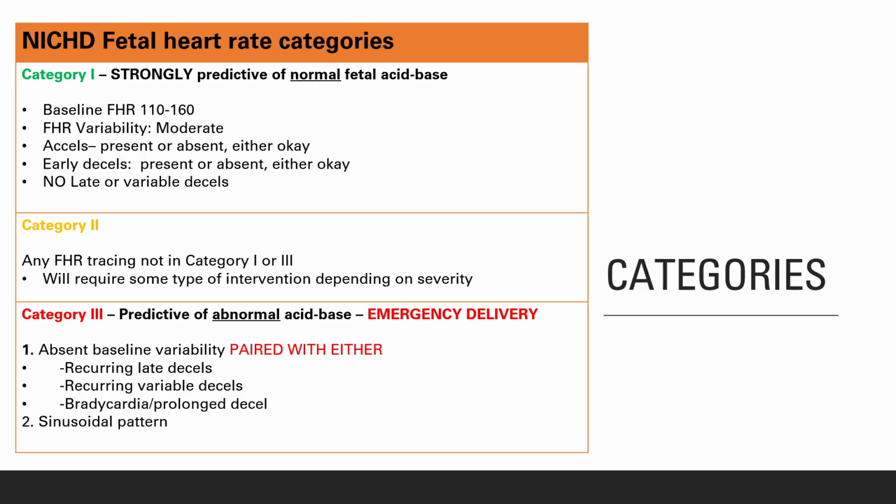So if the baby's having recurrent late decelerations, variable decelerations, bradycardic decelerations, prolonged decelerations, sinusoidal patterns, anything abnormal that continues and does not respond to nursing interventions, these types of strips will be considered a category 3 tracing. So we definitely want to call the doctors, get them in-house, and deliver this baby as soon as possible.